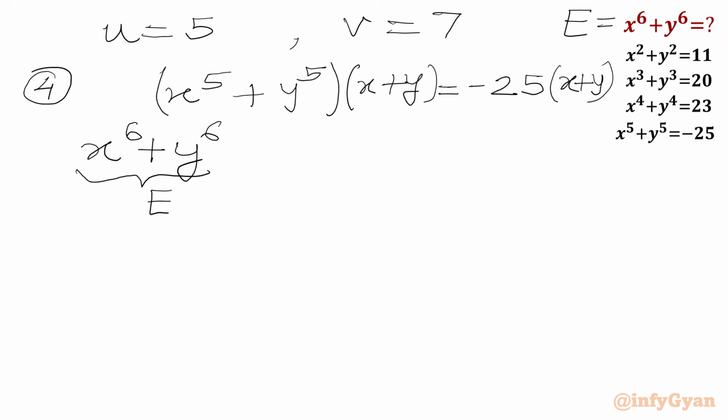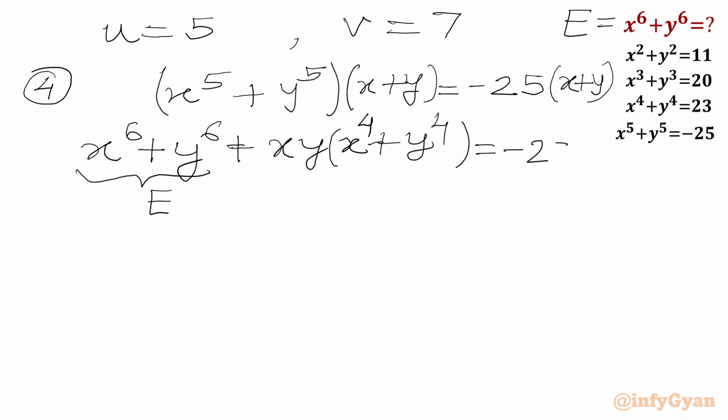E plus cross product terms x power 5 times y and x y power 5. From there we will take x y common. So in the bracket we can write x power 4 plus y power 4. In RHS we will write minus 25 times x plus y.